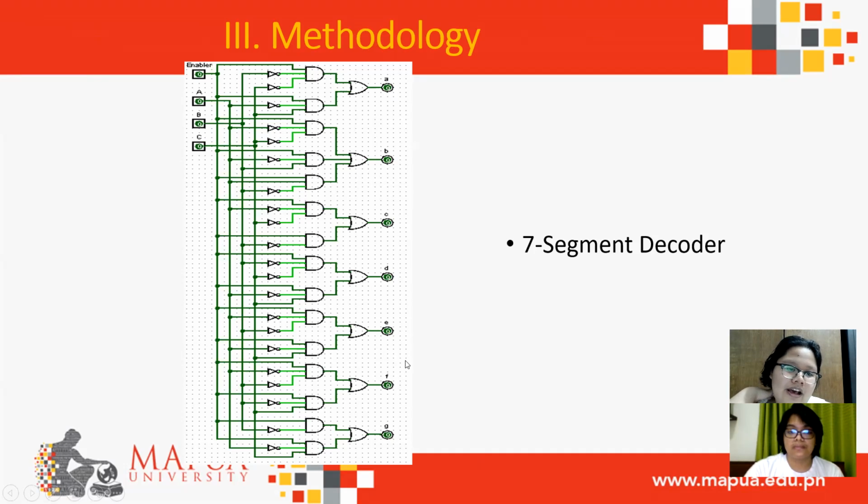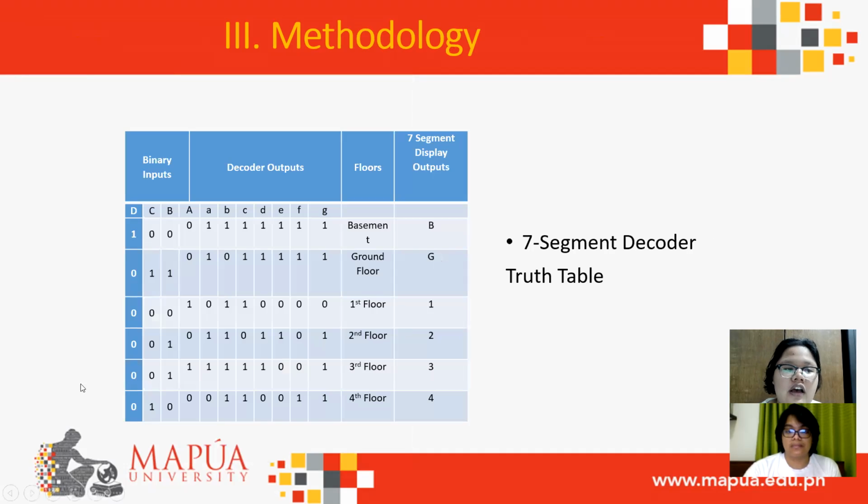And we have letter G for our ground, and 1, 2, 3, 4 for our first to fourth floor. So these are the binary inputs for the 7-segment decoder.